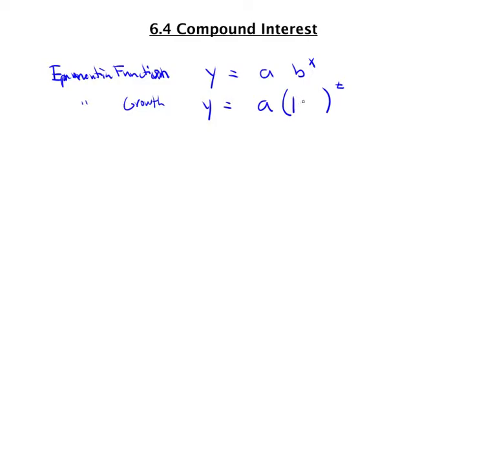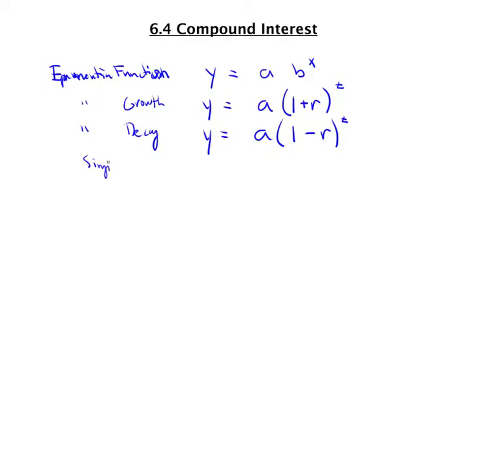And remember that the growth was 100% plus our rate, but they were in decimals. That's why it's 1 plus r. And then the exponential decay was very similar to that. So that would be a times 1 minus r, so that subtraction of the rate, which was less than 1, was a decay.